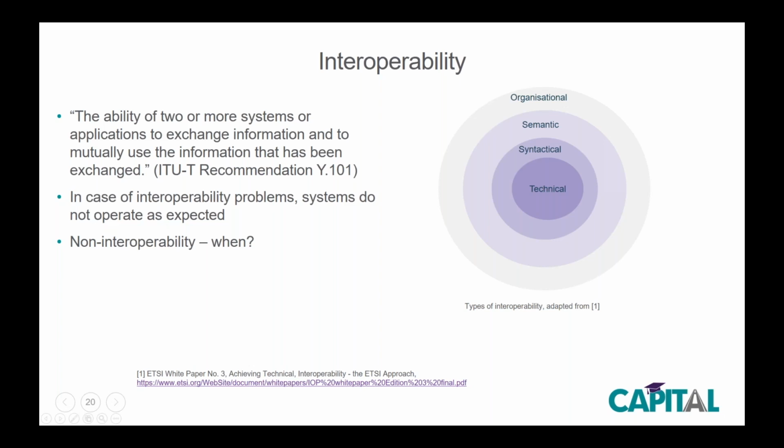The reasons why systems are not interoperable may be different. First, there may be specifications that are incomplete, either intentionally or not. The existing specifications may allow too many options, or they may be specified in a way that is not so clear. Of course, sometimes systems are just implemented in a wrong way.